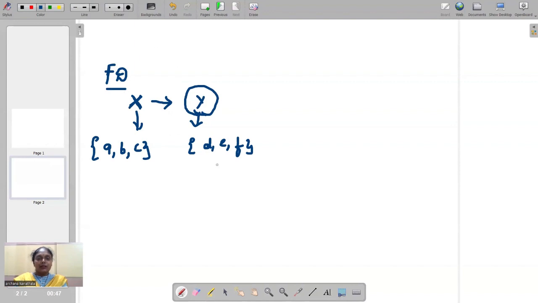The set of attributes of Y can be defined by making use of the set of attributes of X.